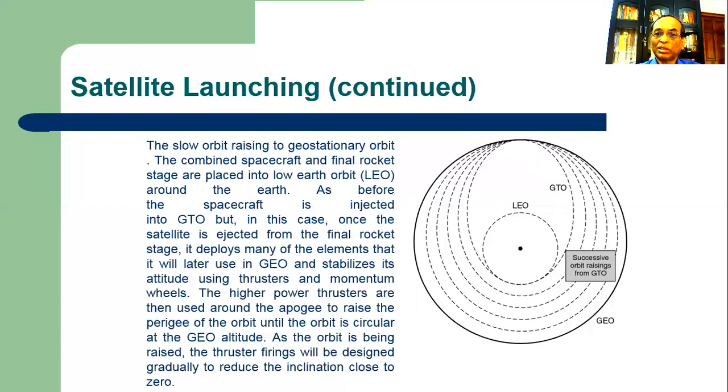There was an apogee kick motor. Here the machinery that is used in the GEO regularly, that is the thruster motor and momentum wheel, is used. The higher power thrusters are then used around the apogee to raise the perigee of the orbit until the orbit is circular at the GEO altitude.